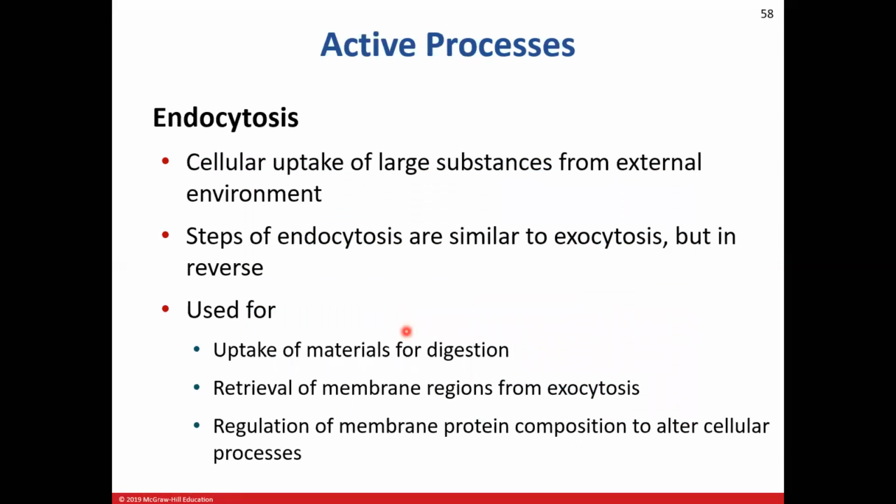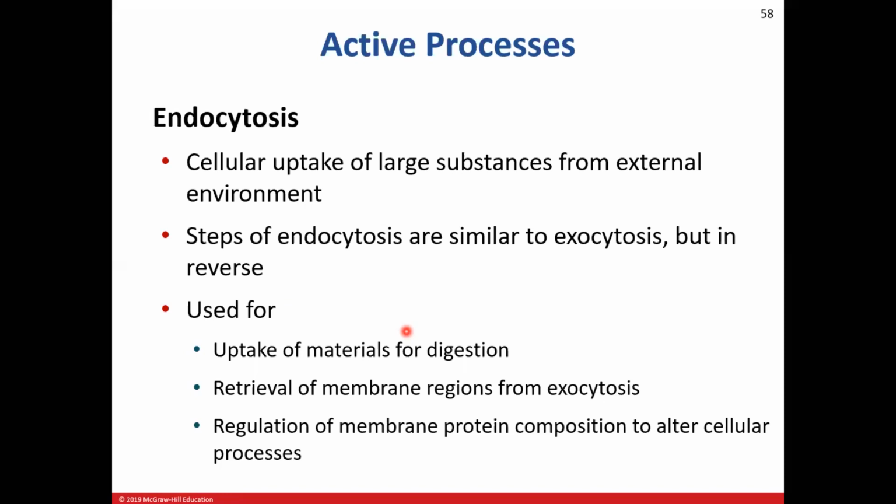Endocytosis is where we actually utilize cellular uptake of large substances from the external environment. So here we're actually taking things into the cell. The steps of endocytosis are similar to exocytosis, but they actually occur in reverse.